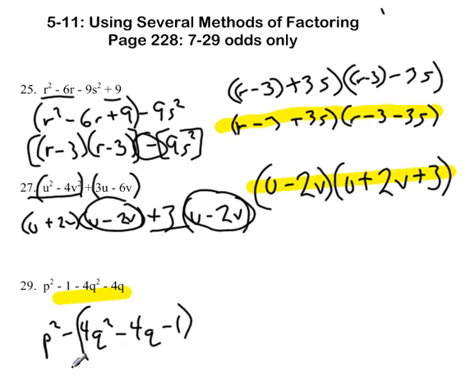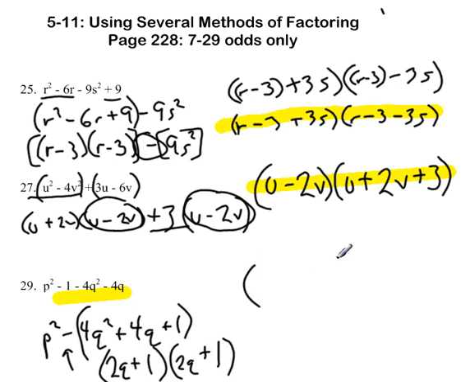Now the trick is, again, right here, you've got a negative number, meaning that you have to flip all the signs inside of your parentheses before you factor it. So you have a difference of two squares problem. This 4q squared will factor into 2q times 2q. 1 will factor into 1 and 1, and they're both positive.